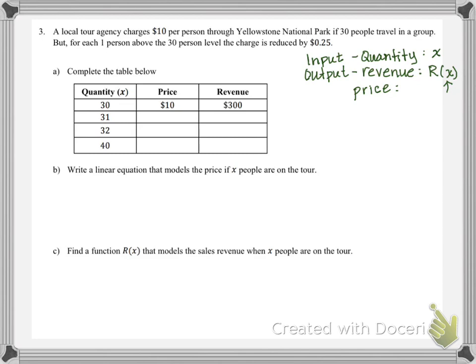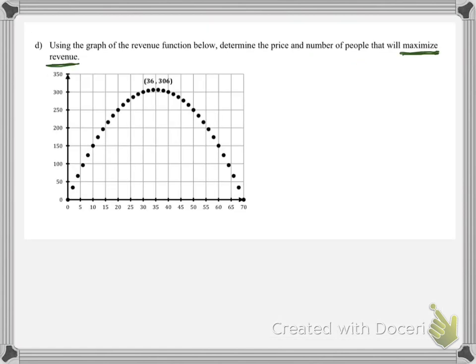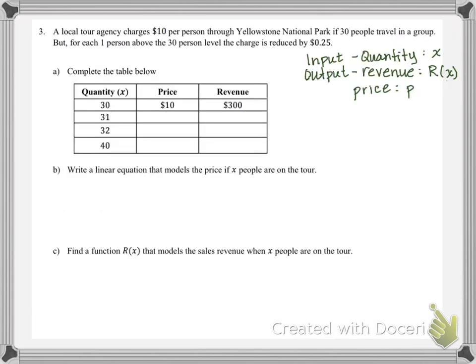So because there's nothing that immediately comes to mind, I'm just going to call that P. I recommend that you do not use the variable Y in these problems, only because when we get to the graph, your Y coordinate might not be what you called Y, and that can be really confusing. So that's why I use P there, just so I don't confuse myself.